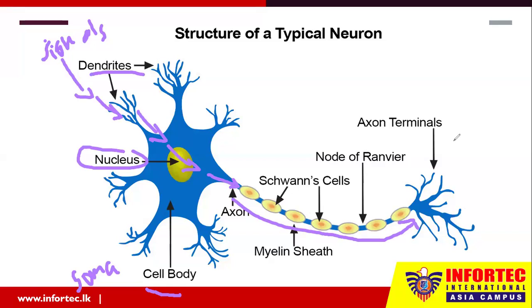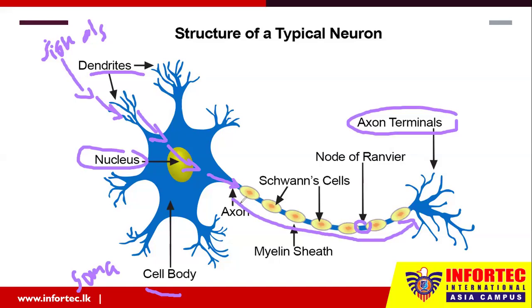The function of the axon terminals is releasing neurotransmitters to target cells, right? The axon is covered with myelin sheath, right? There are Schwann cells, and in the middle of these two Schwann cells, there is a node of Ranvier, right?